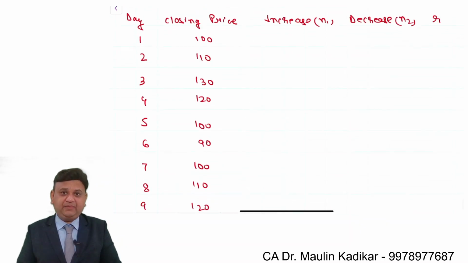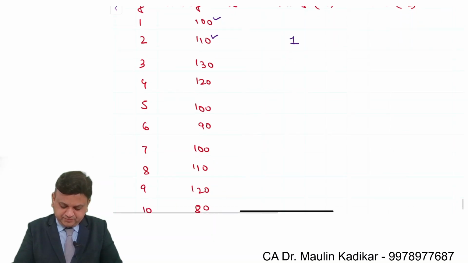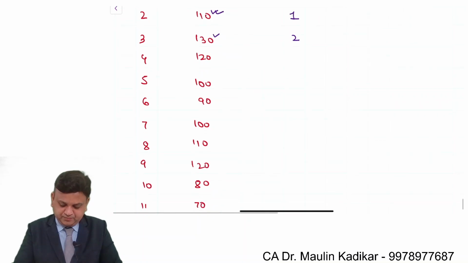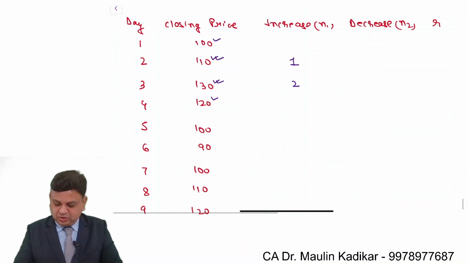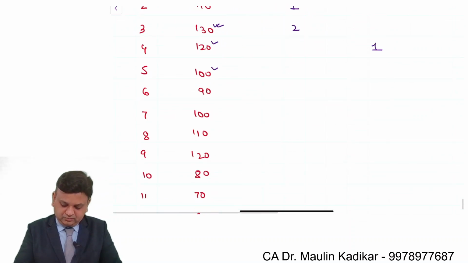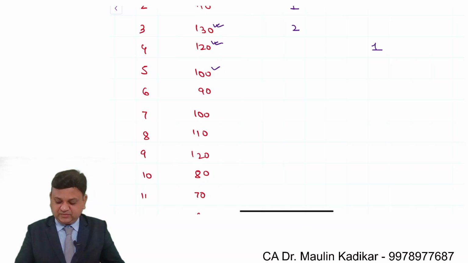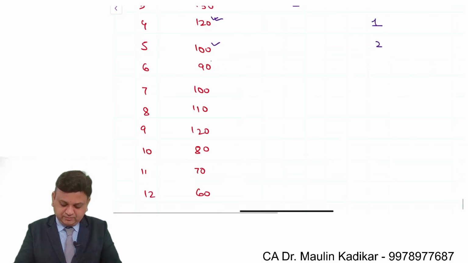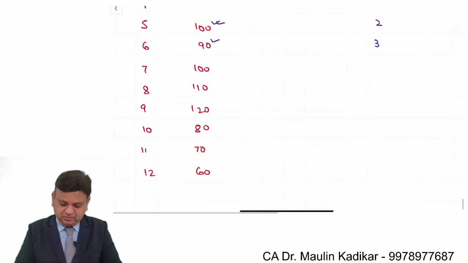So here we make a comparison of the closing prices. 110 is greater than 100, so that is an increase, so 1. 130 is greater than 110, so it is 2. 120 is less than 130, so price decreases, so it is 1. 100 is less than 120, so it is 2. 90 is less than 100, so it is 3.